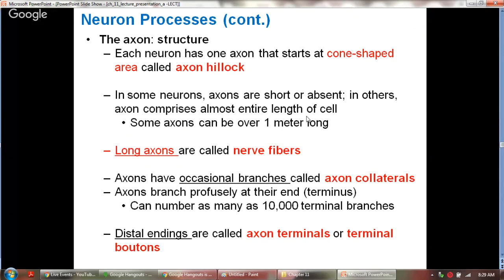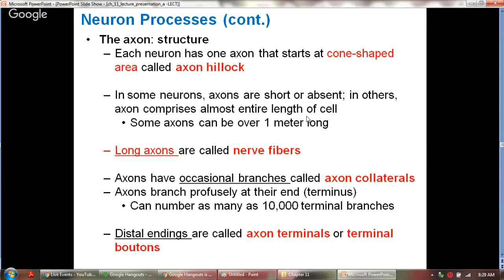Then the axon. Each neuron has one axon which starts at a cone-shaped area. We call it the axon hillock. So the cone-shaped area is the one which we call the axon hillock. And in some neurons, the axon could be shorter or it could be absent. In others, the axon comprises almost the entire length of the cell.